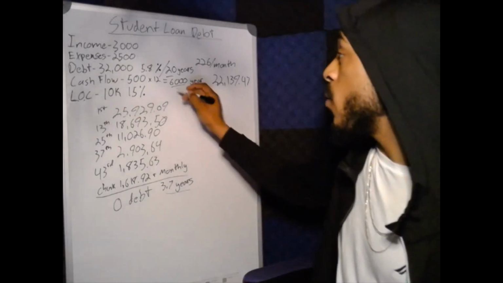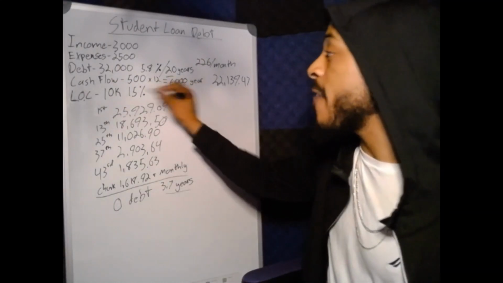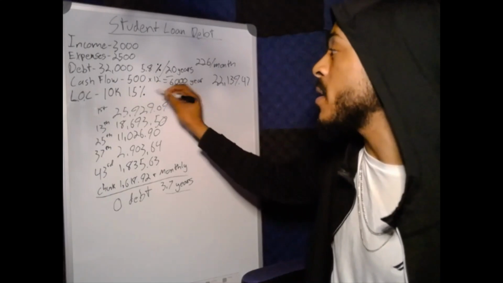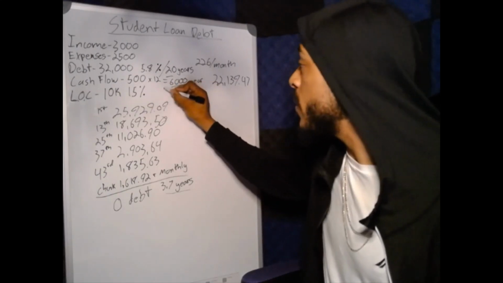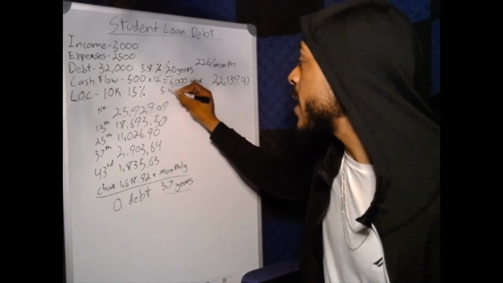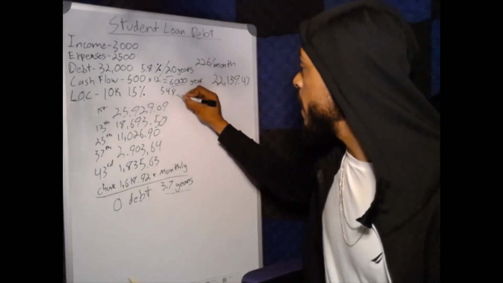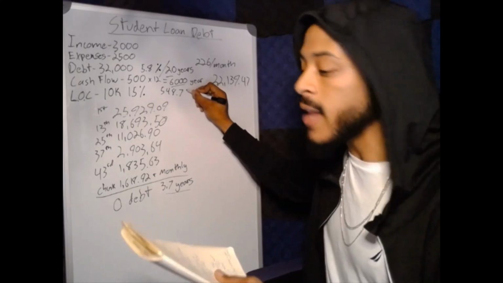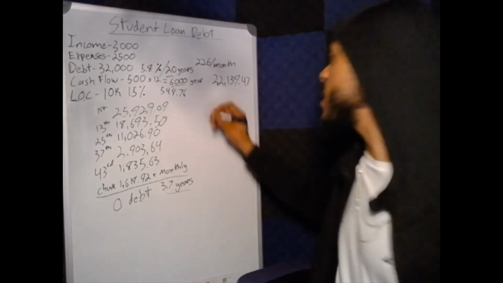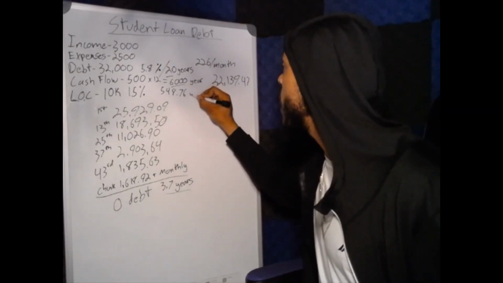And at a cost. So every single time you made a chunk payment of $6,000, it would have cost you $548.76 a year.